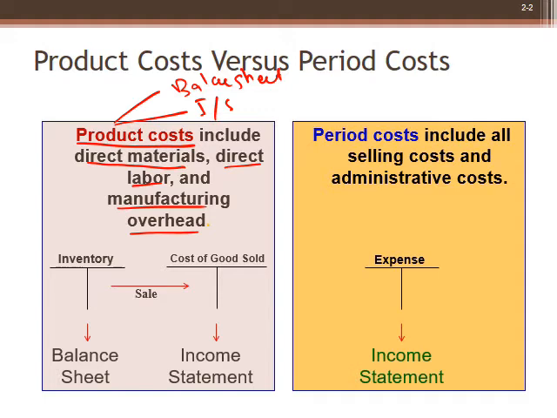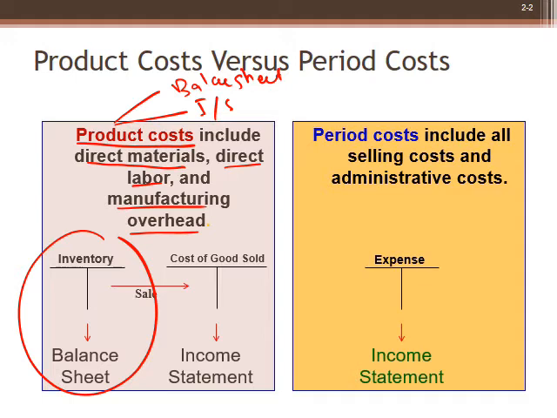If the product cost cannot be charged to the income statement, then we record it in our balance sheet in the form of inventory, because we spent on conversion of the raw material into finished goods and we couldn't sell it in that accounting year.